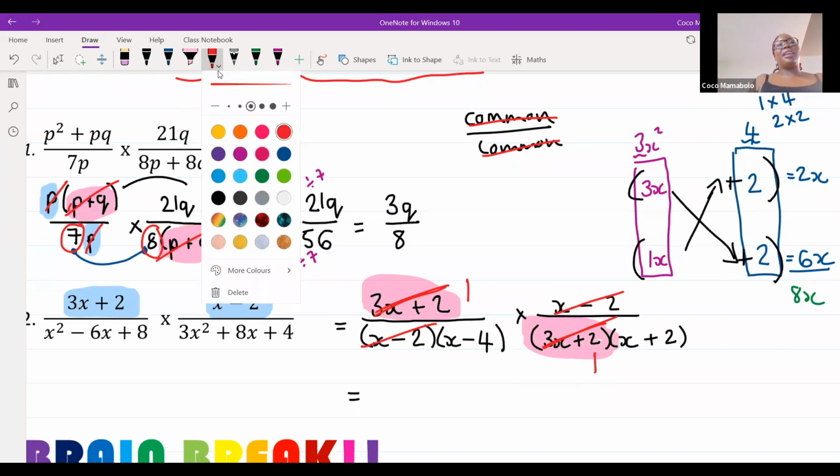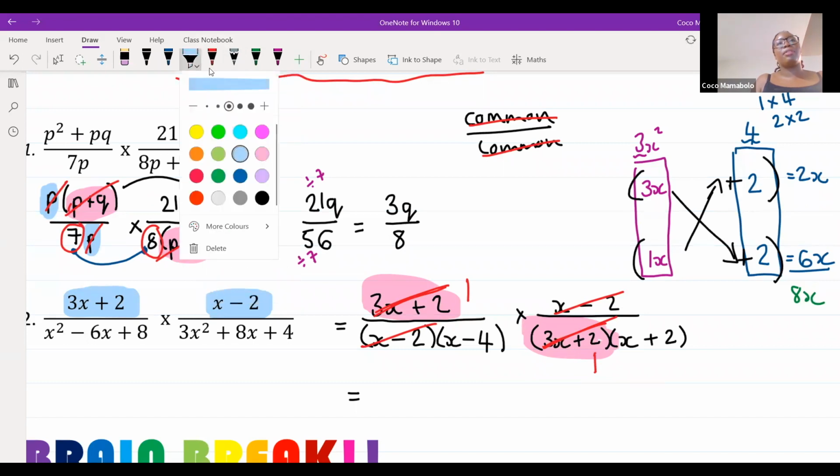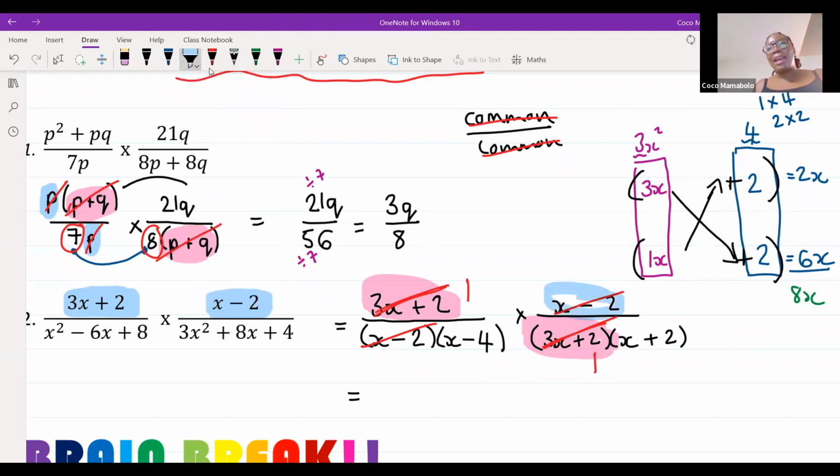Let's look at another one. I've got x minus 2 divided by x minus 2. What's the answer? 1. Good. Now, do you see how I have 1 times 1 at the top?